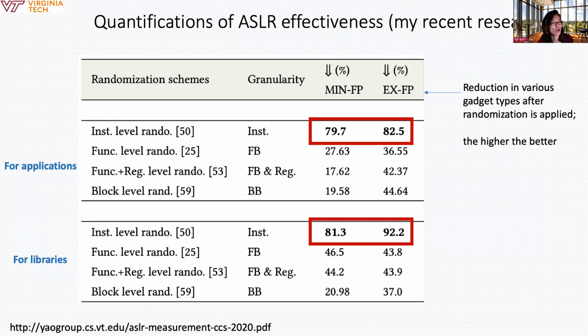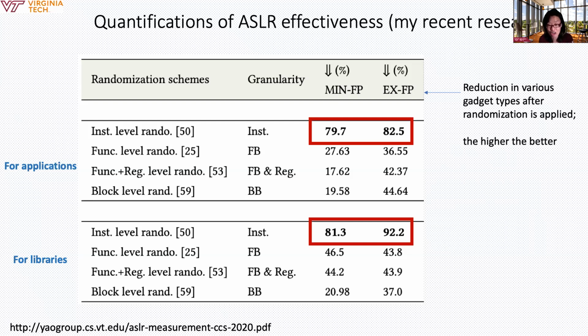And also, we find that it's very interesting: for some of those randomization tools to work, they have to use the C library, so you cannot randomize it and then use it. You cannot run yourself so that it actually randomizes libc, and then it becomes a chicken-and-egg problem.